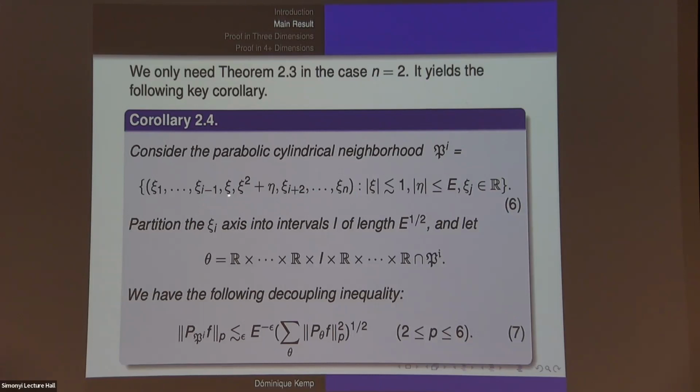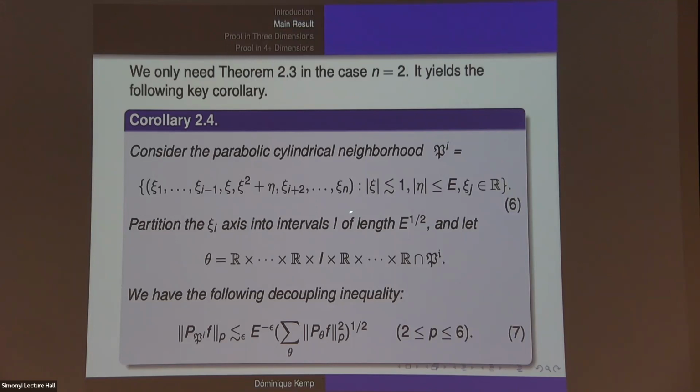Now the f component is being squared, and eta is a parameter that describes the neighborhood width. That's why we keep track of the size of eta here: this parabolic symmetrical neighborhood should be thought of as having thickness eta.